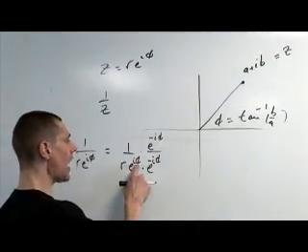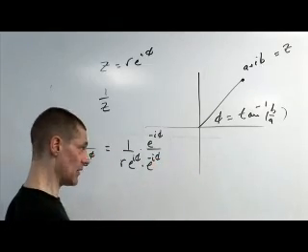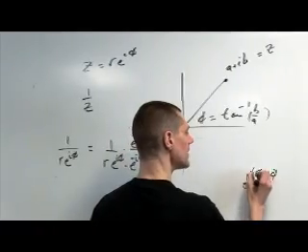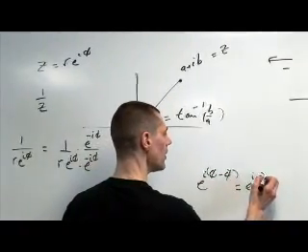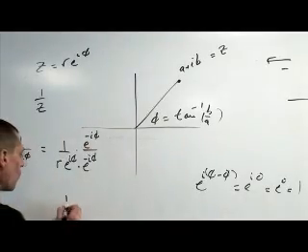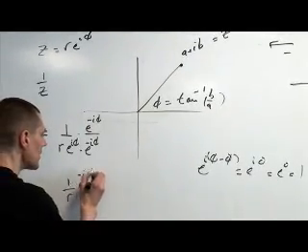Notice that e to the i theta times e to the minus i theta is just going to cancel. It's going to be 1. That is e to the i (theta minus theta), which is e to the i 0, which is e to the 0, which is 1. So this is 1 over r e to the i minus theta.